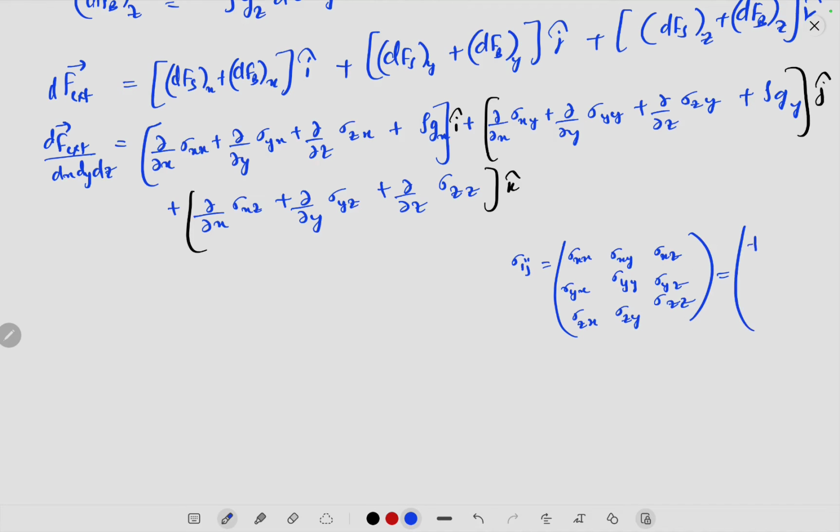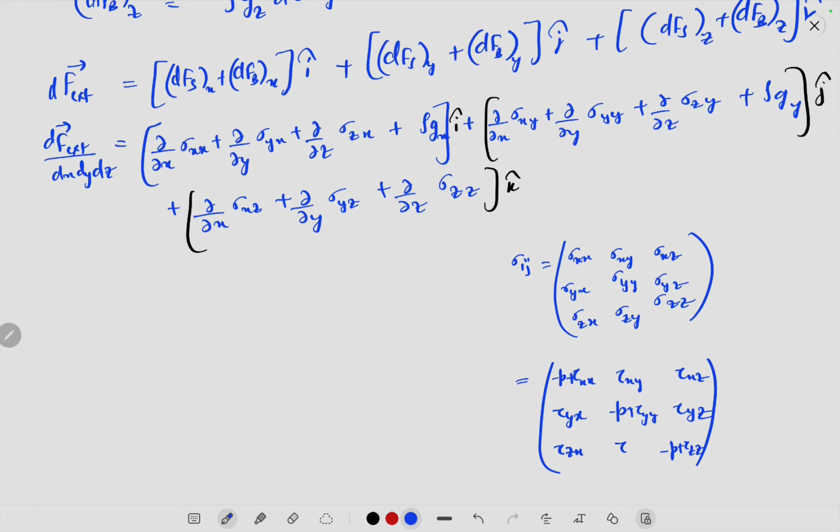It is actually minus p plus tau xx, minus p plus tau yy, minus p plus tau zz, and this will be tau xy, tau xz, tau yx, tau yz, tau zx, tau zy. Okay, which means that sigma xx is minus p plus tau xx, sigma xy is tau xy, sigma xz is tau xz.